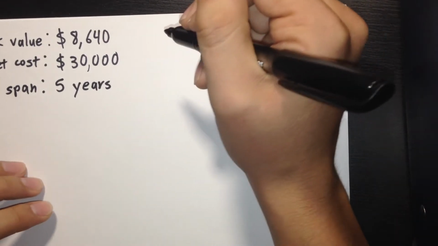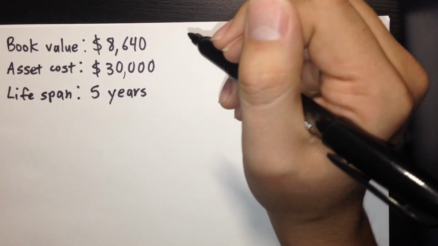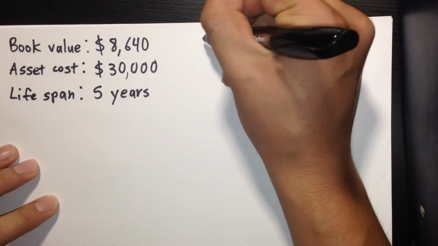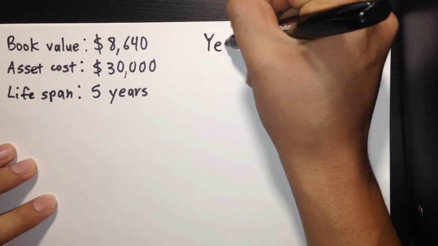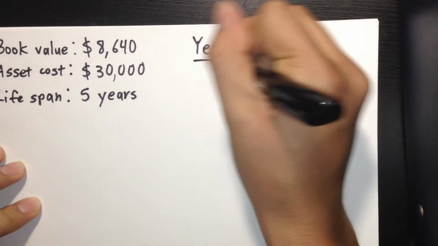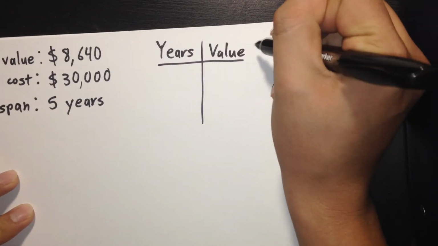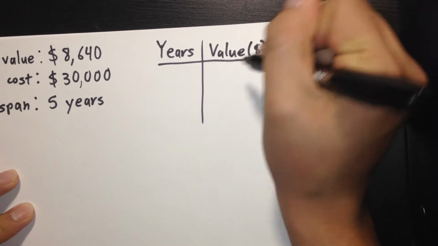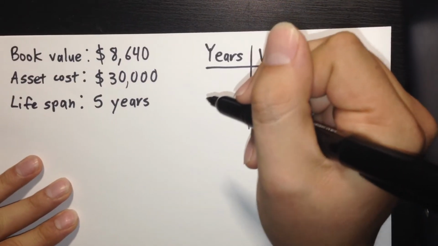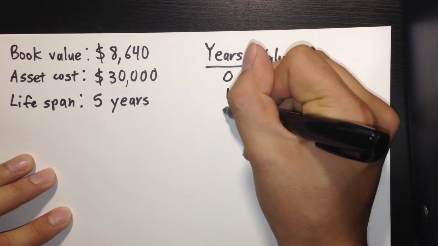Also, we're going to make a years versus value table just to keep track of what we're doing here. So that'll look something like this. So we'll have our years basically from 0 all the way to 5.